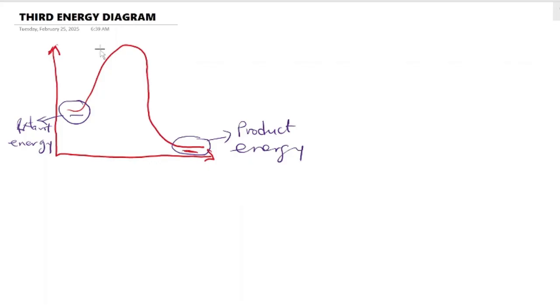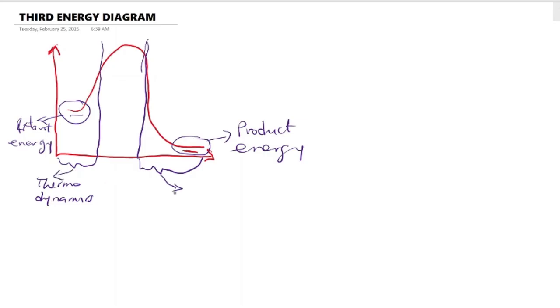So from this point down, and from this point, right here between this point and this point, you have thermodynamics.